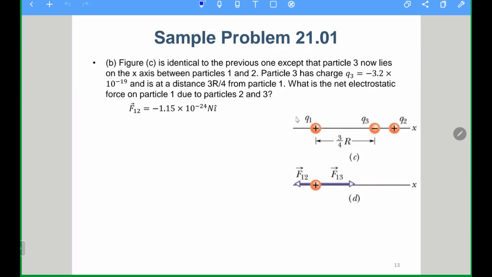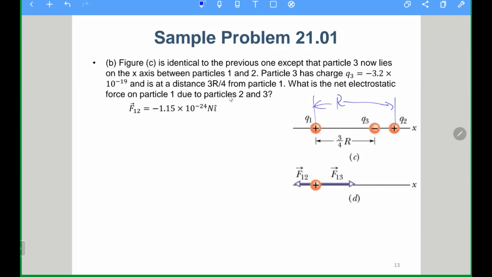So just now we have Q1 and Q2 separated by capital R. Here we place particle 3 in between, in the same axis, and the distance from Q1 to Q3 is 3/4 of R. Q3 has a charge of negative 3.2 times 10 to the minus 19. So what is the net electrostatic force on particle 1 due to particle 2 and particle 3?